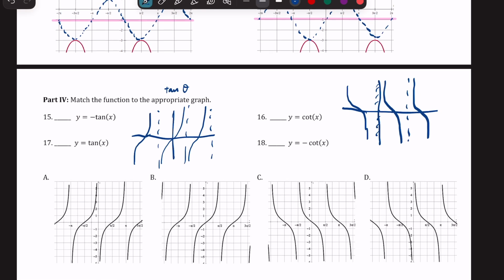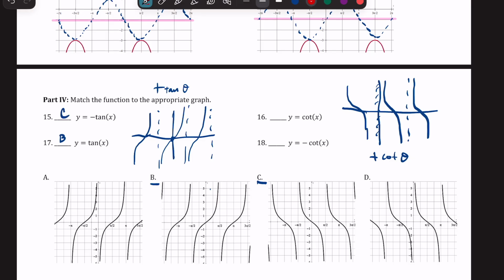Okay, so if I look, this is a positive tangent graph. This is a positive cotangent graph. So I go look here and B looks to be my positive tangent graph. And if I flip it, it would look like that. So the negative tangent graph should just be B flipped. And I see that's C. Great.